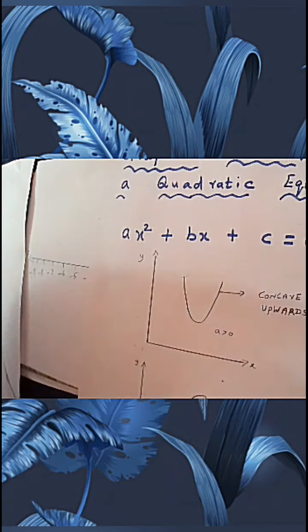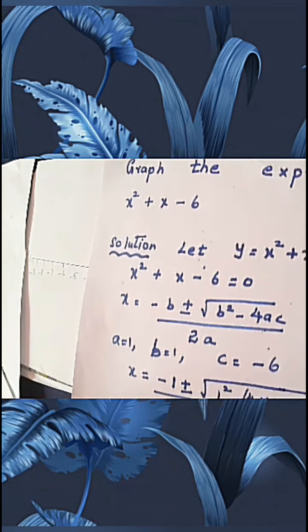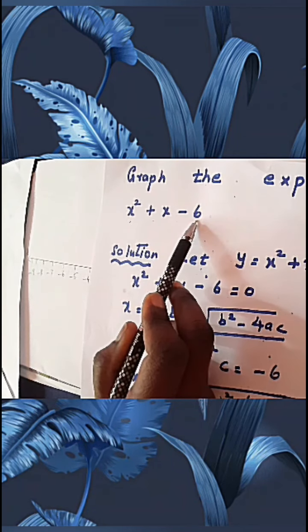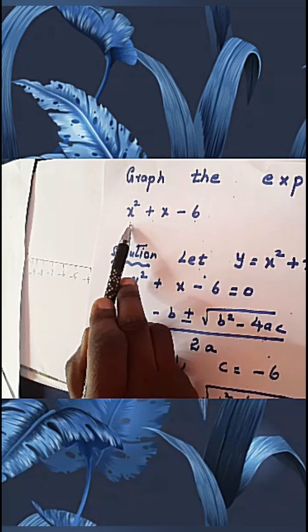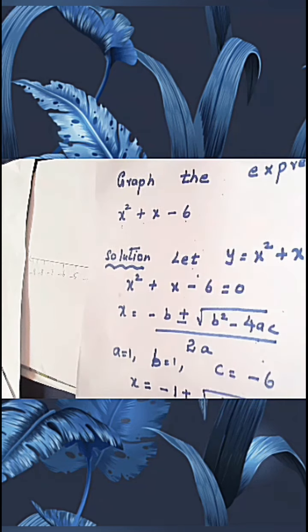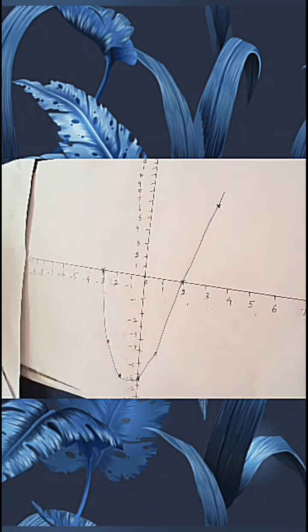The question we had to solve is this, right? X square plus x minus 6. And what is a actually? It's 1, positive 1. It is greater than 0. So definitely you should get a parabola which is concave upward. Yeah, and we have got it.